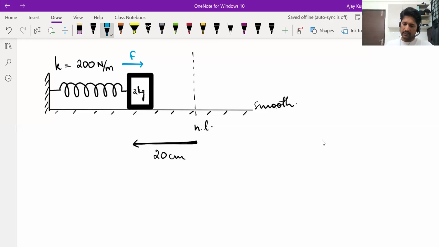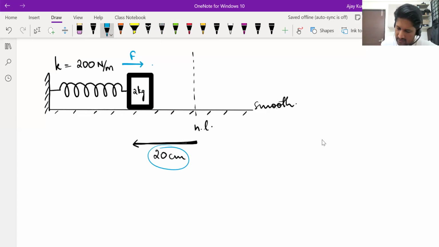But initially it is compressed by 20 centimeters. As the spring relaxes, that compression will decrease. After a short interval, the block will come to this position, and the compression of the spring won't be 20 centimeters. It may be only 15. When the block comes to this position, the compression may reduce to 10. If the compression in the spring is changing, the force exerted by the spring will also change.